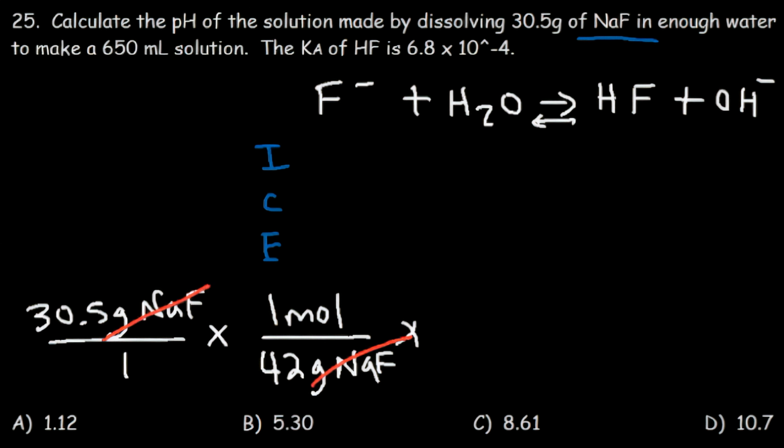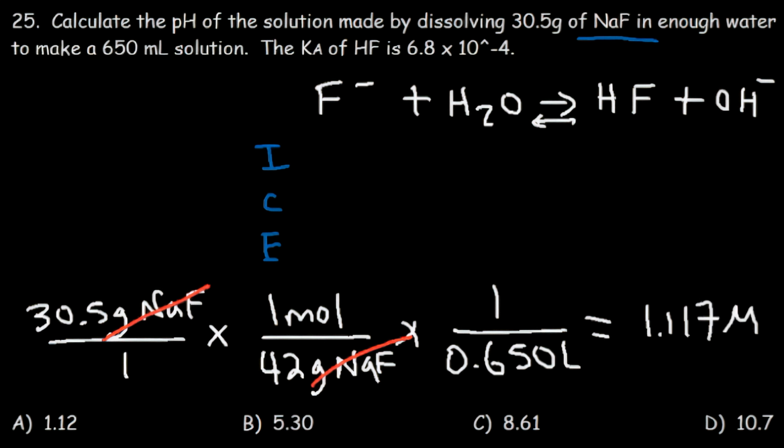To convert milliliters into liters, simply divide by 1,000, or move the decimal 3 units to the left. So 650 milliliters is the same as 0.650 liters. So 30.5 divided by 42 and then take that result divided by 0.65, you should get a molarity of 1.117. So that's the initial concentration of the fluoride ion.